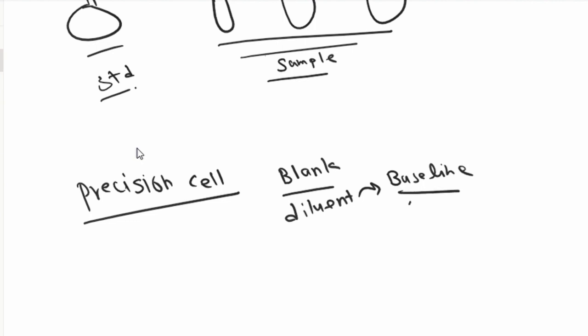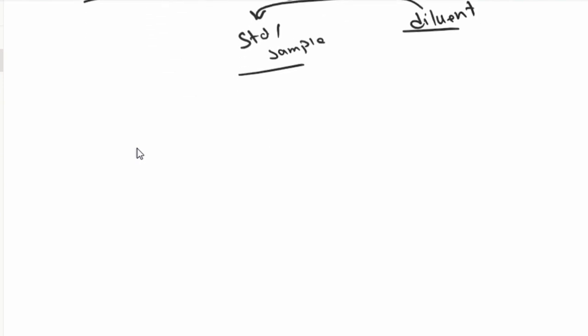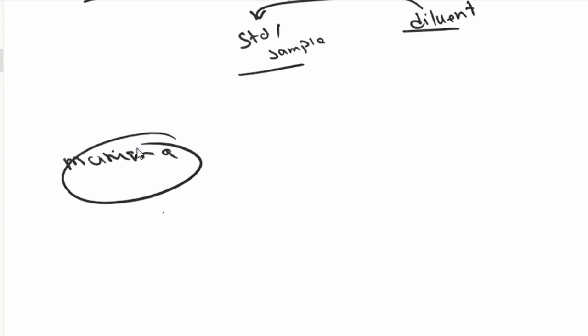After setting up the baseline, then you need to run either your standard or sample, and one tube contains your diluent. Then you need to start. What you need to check is the maxima, and I will show you how it's done in the UV spectrophotometer.